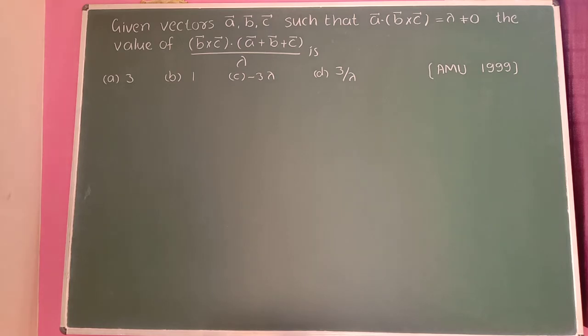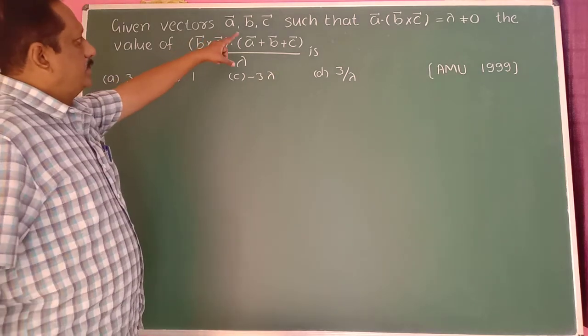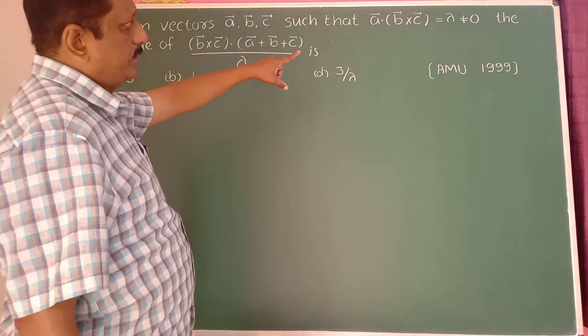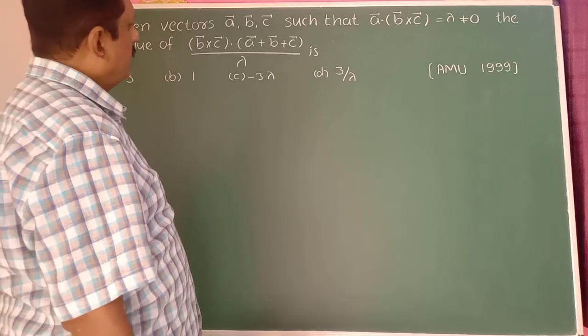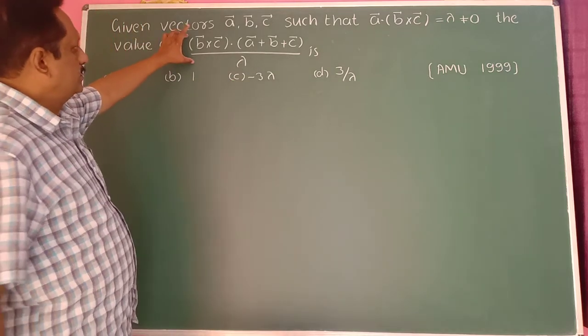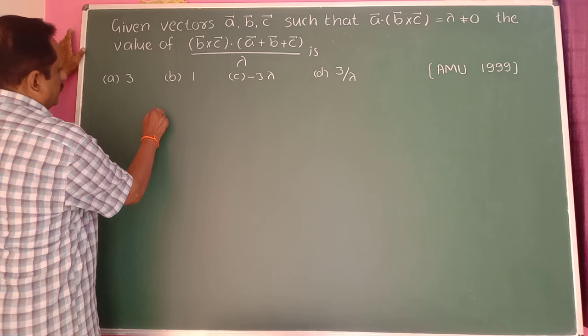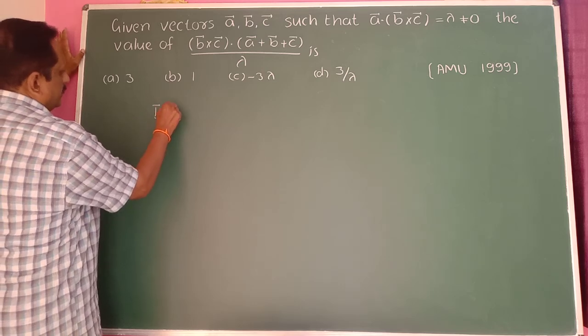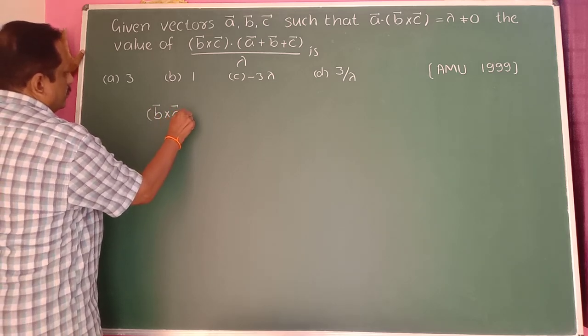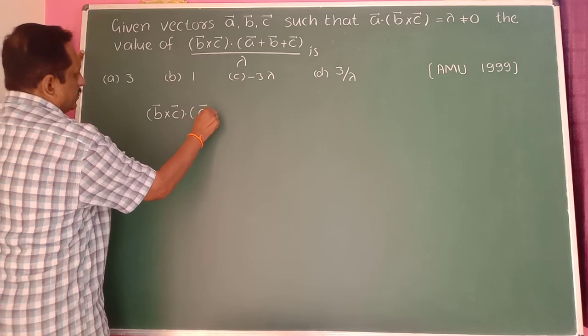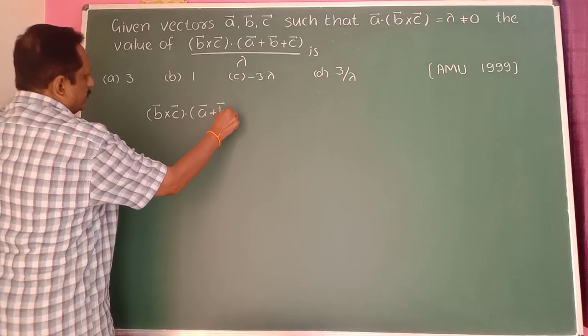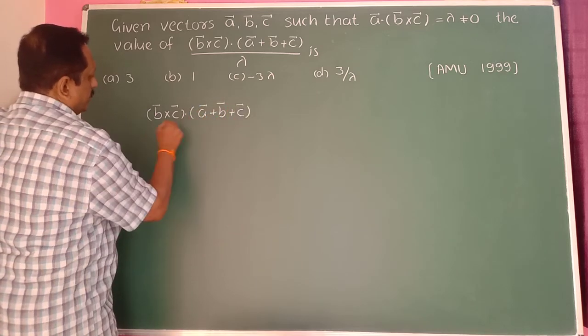Here A, B, C are vectors such that A bar dot B bar cross C bar is equal to lambda. Then the value of this one: B bar cross C bar dot of A bar plus B bar plus C bar, divided by lambda.